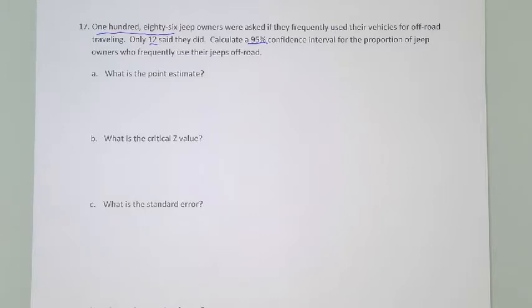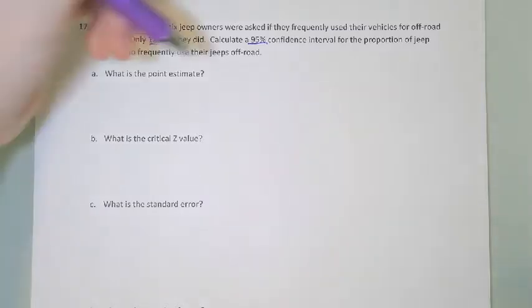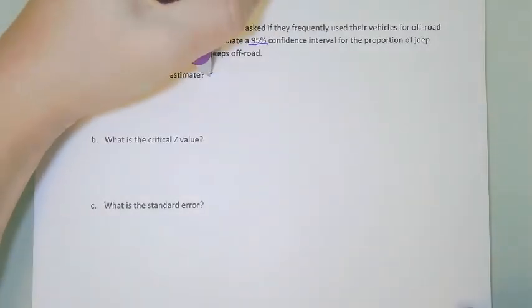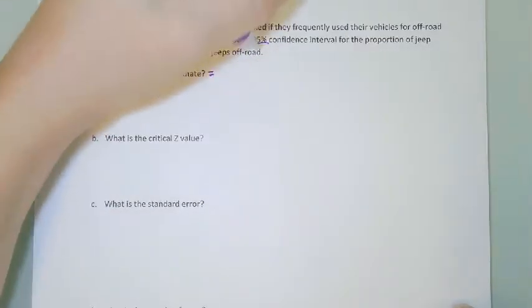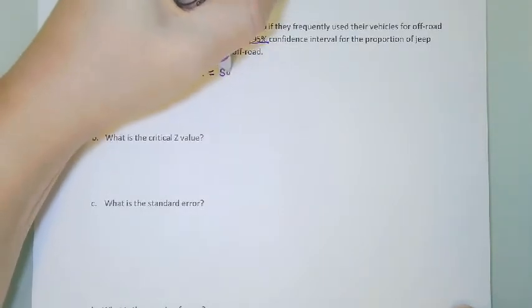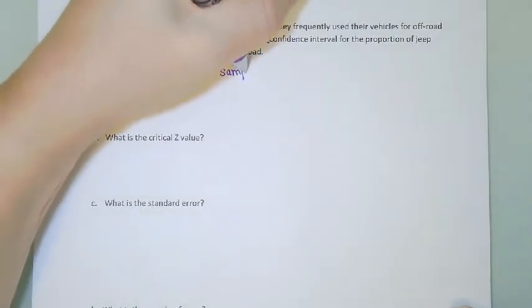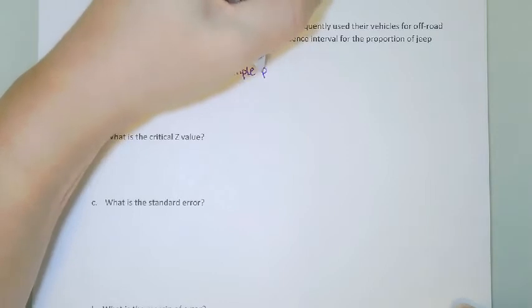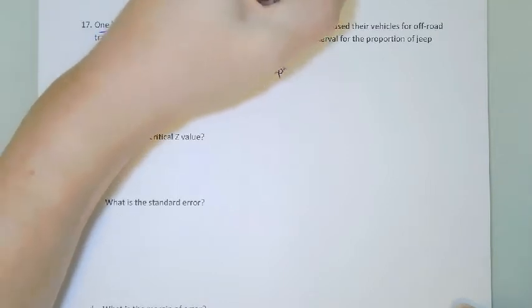So the point estimate is going to be the center in our range of values, and maybe an easier way to think about the point estimate in this case is it's really going to be the same thing as calculating what the sample proportion is from the data we've been given.